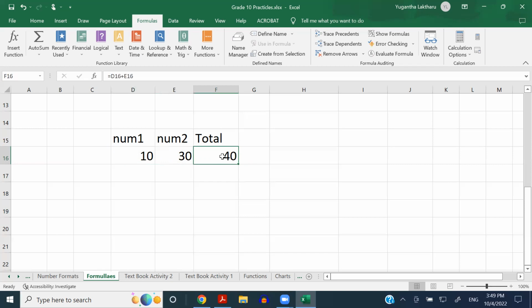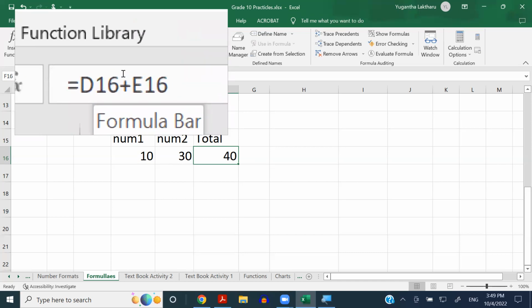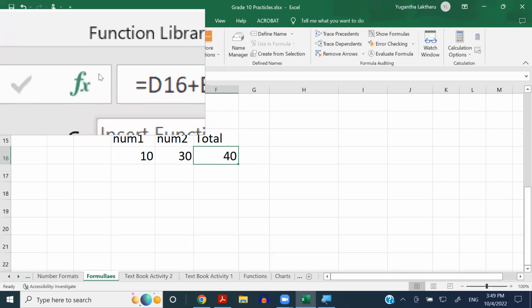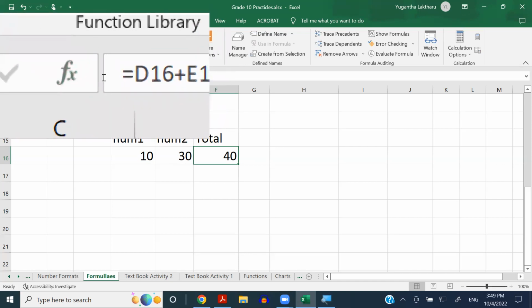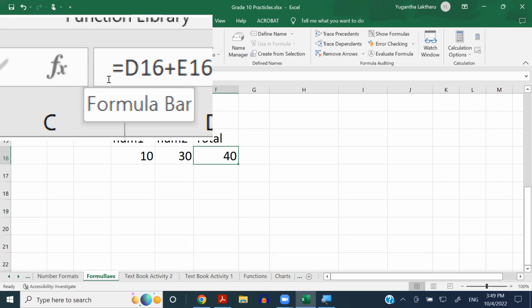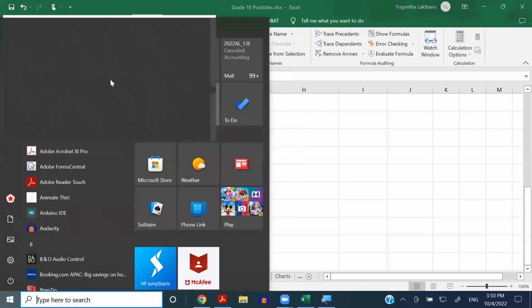If you look at the formula bar, you can see the formula is written as equals D16 plus E16 for the F16 cell. Got that? Is that clear, people? Yes, sir.